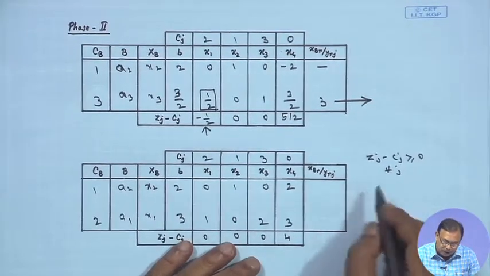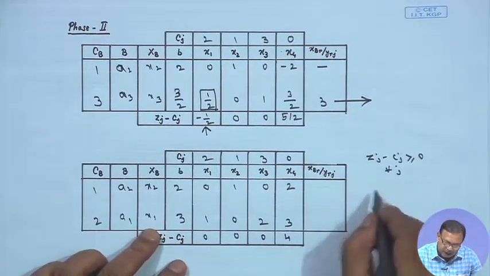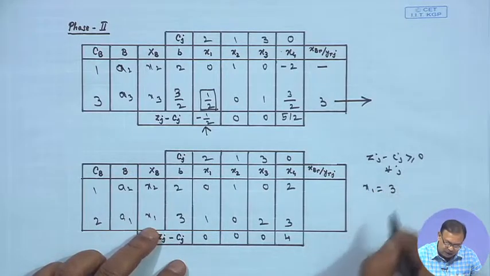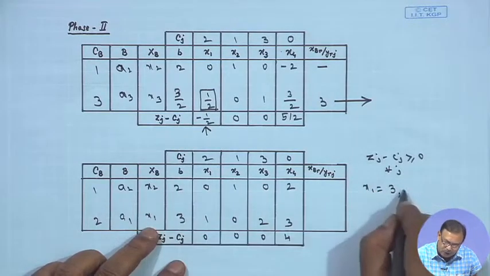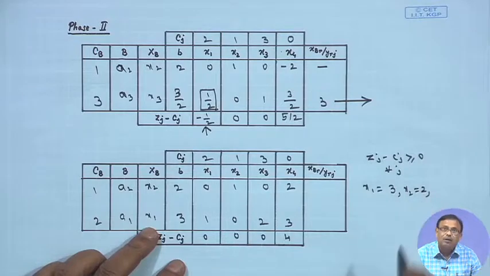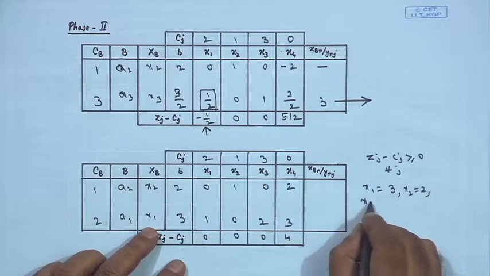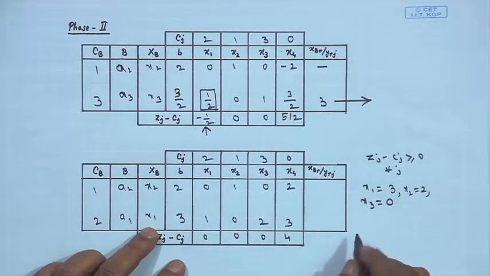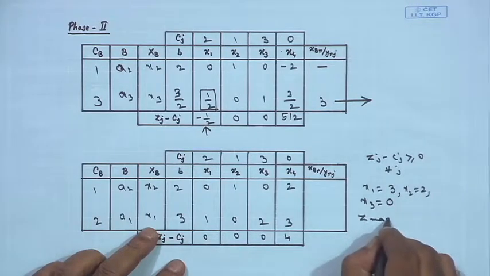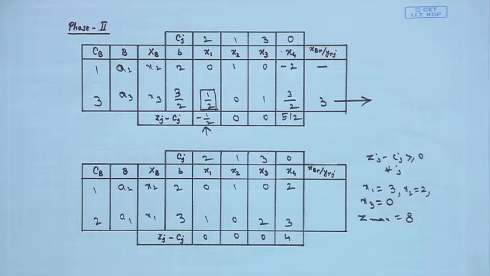So, optimal solution in this case you will obtain as x 1 equals 3 from here, x 2 equals 2, and your x 3 is not present here. So, value of x 3 will be 0 and z max will be 8. So, this is the unique optimal solution of this particular problem.